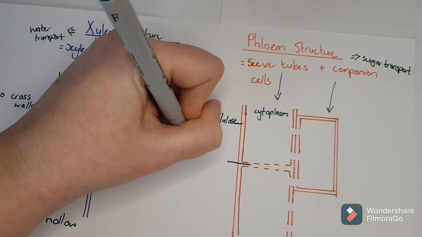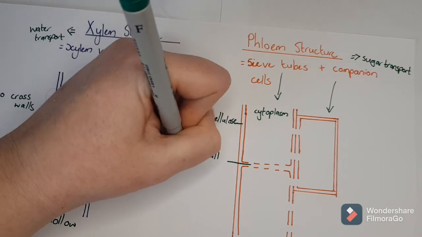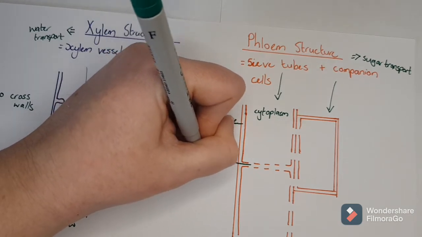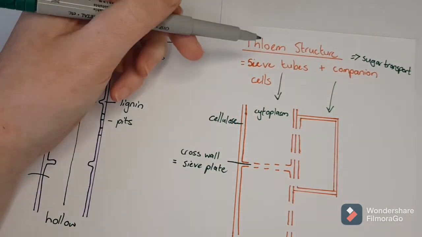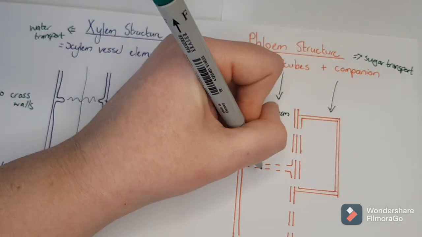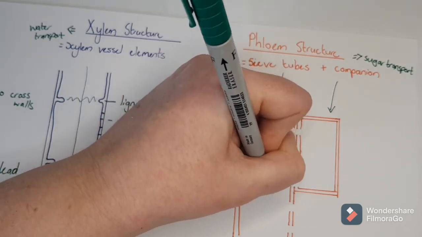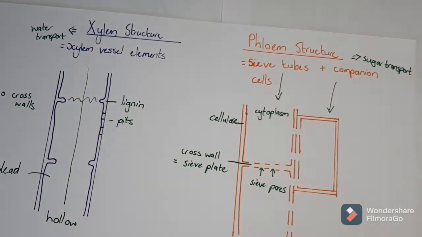And the cross wall we call a sieve plate. So because it's in a sieve tube element, that becomes a sieve plate. And all the little gaps that are in there, we call sieve pores to allow the sugar to move through.